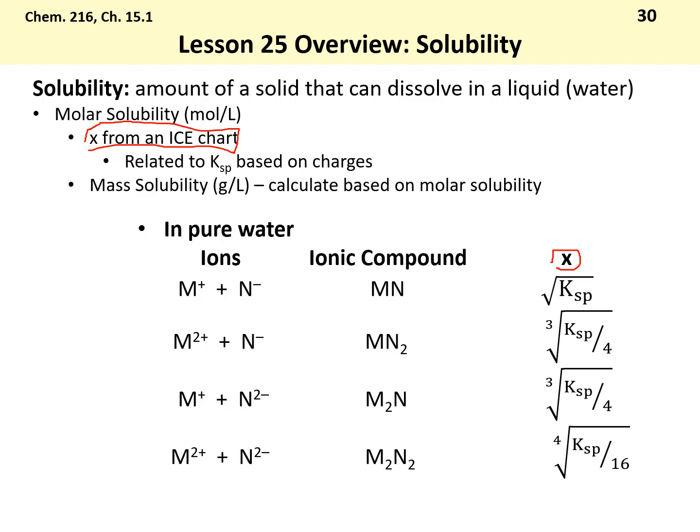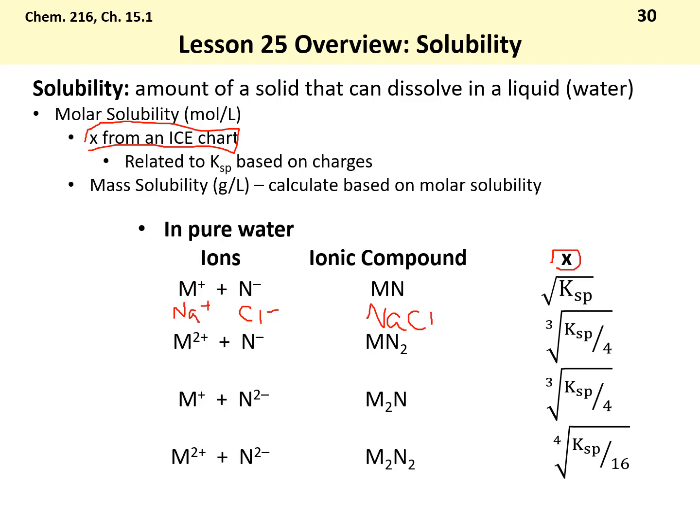So let's say I had something that was 1 plus, like Na plus and Cl minus. These would form something like NaCl, and my X would end up being the square root of my KSP. We can find this from an ice table, and actually we did this problem and we got square root of KSP.